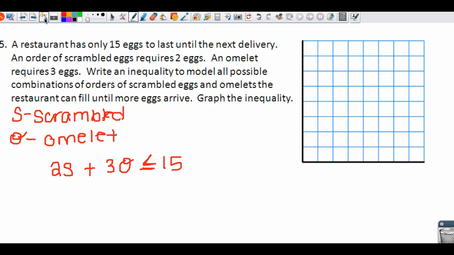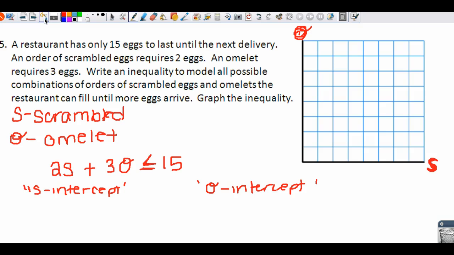So we'll say that S is kind of like my X and omelet is like my Y. So if I make all scrambled eggs, we'll find our quote-unquote S-intercept and my O-intercept, which are like your X and Y-intercepts.